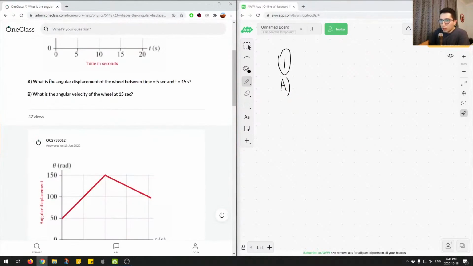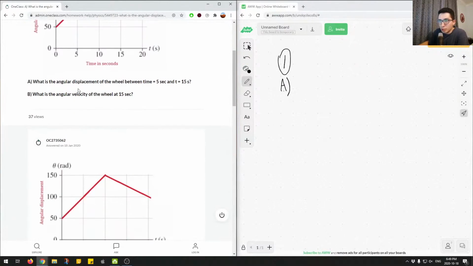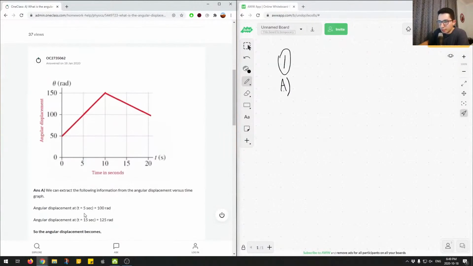So let's go back to the question. What is the angular displacement of the wheel between time equals 5 seconds and time equals 15 seconds? Displacement here, we're not looking at distance traveled, so it would be just taking the difference between those 2 points at those points in time. If it was distance traveled, then we'd have to do a different calculation, but here we're just looking at displacement. At time equals 5 seconds, if we look over here, we have 100 radians.